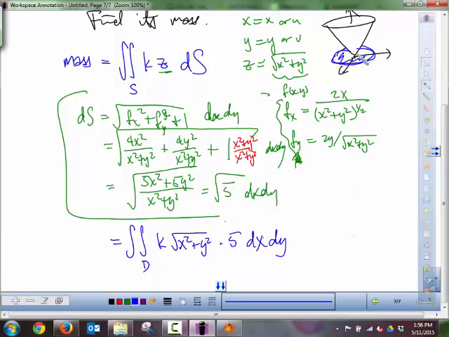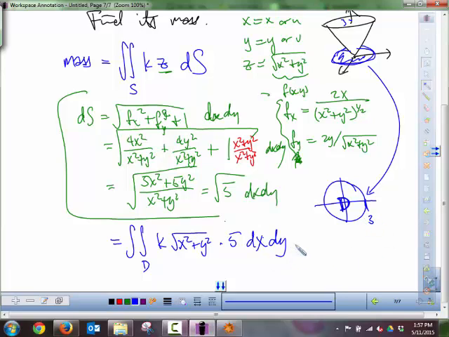And remember that my domain here is a circle. How big is my circle for my domain? You know what the radius is? It goes all the way up to 3 in the z, which is the same as the square root of x squared plus y squared, so it's just going to go from 0 to 3.